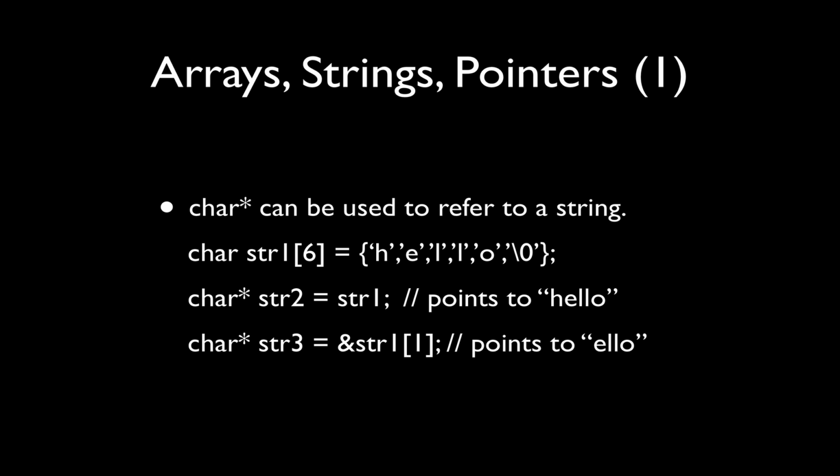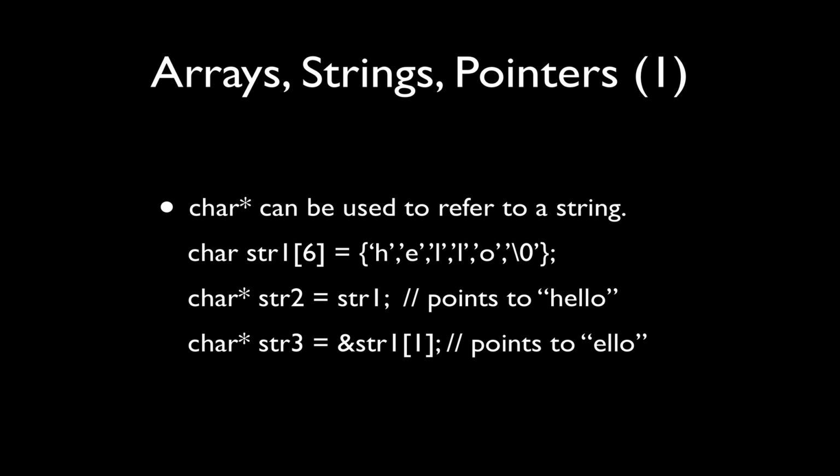I can define a variable char star str2 and have it point to that array. So str2 is what we call a pointer to a character, or in this case, a pointer to the beginning of a character array, a pointer to the first character, if you will. But remember, we're going to use that null character to terminate the string.